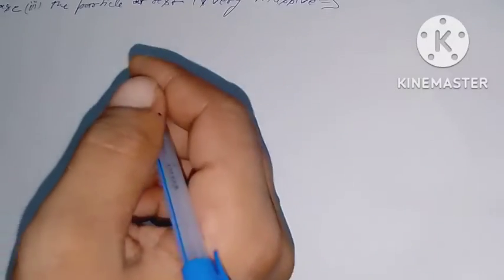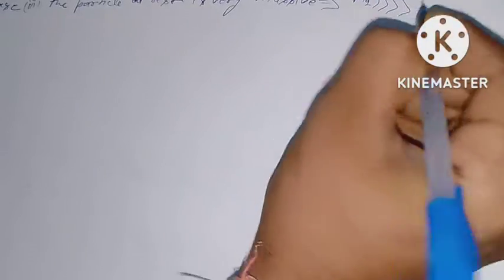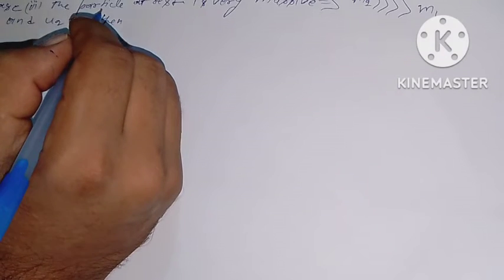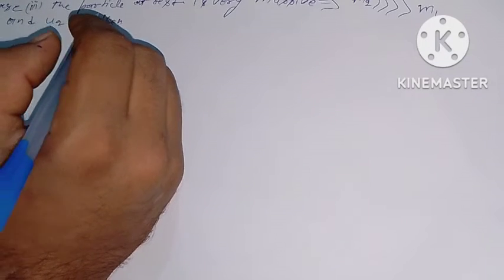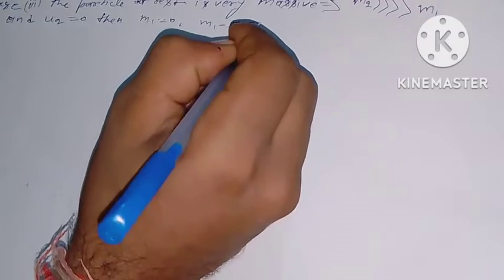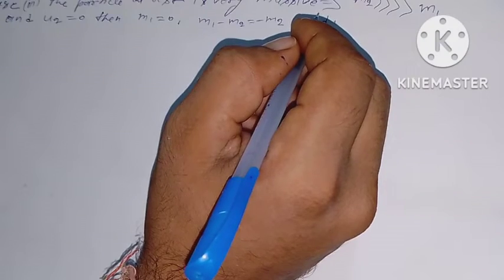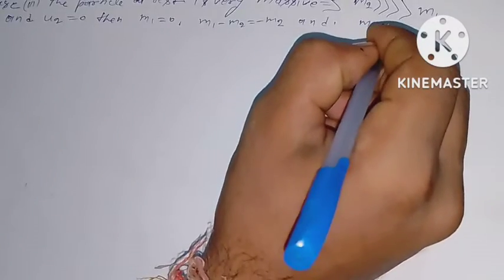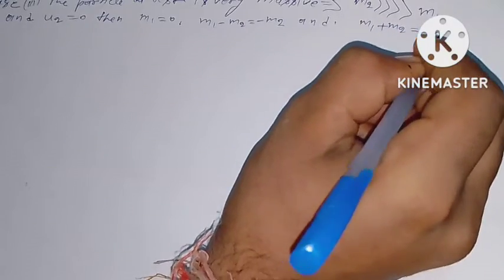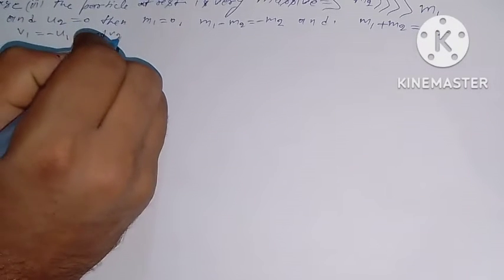If M2 is very heavy as compared to M1, and U2 equal to 0, then M1 minus M2 equal to minus M2, and M1 plus M2 equal to M2, so V1 equal to minus U1 and V2 equal to 0.